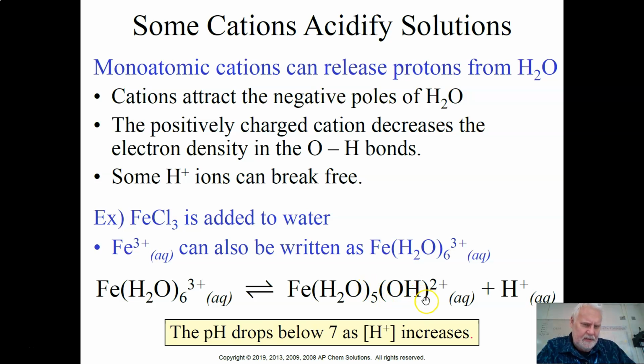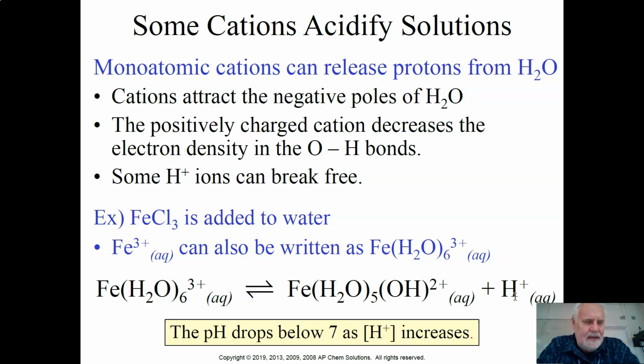So when it's OH minus, the negative charge drops this down, and the reason it became an OH minus is one of those hydrogens, again up here, could break free. Well, wouldn't you know it, if you have those extra hydrogens, that's going to drop the pH.